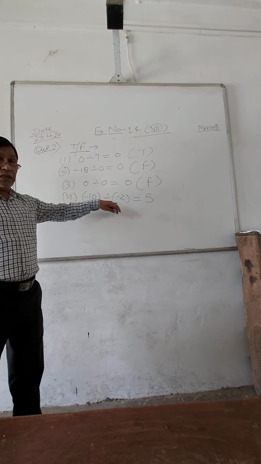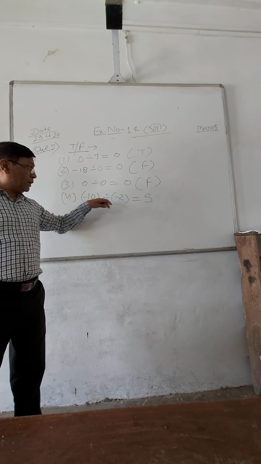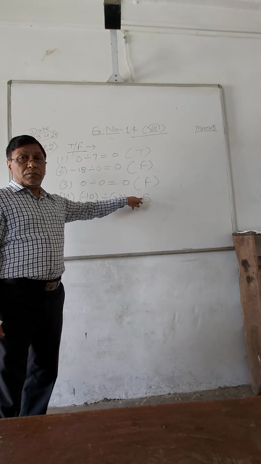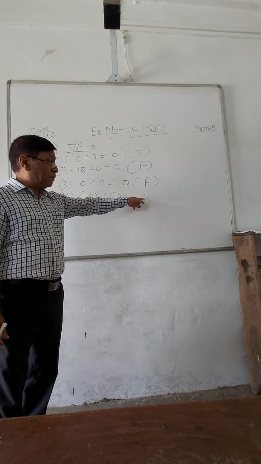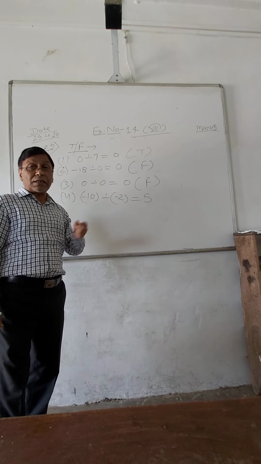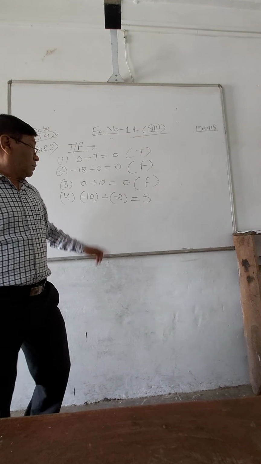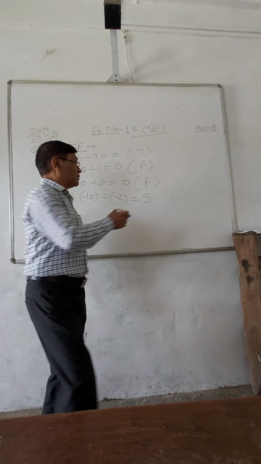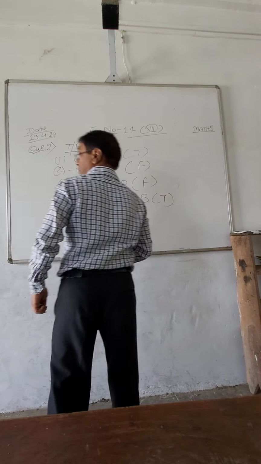Dividing 10 by 2: 2 fives are 10, 5 is coming and it is positive. So a positive result comes in the division when both numbers have the same sign, so it is true. So this question is also over.